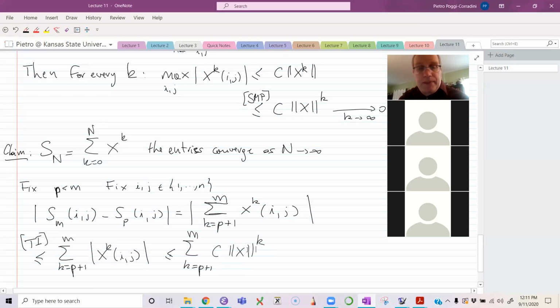But remember, our hypothesis is that the norm of x is strictly less than 1. This is a regular geometric series for real numbers, which we know converges because this is less than 1. And if a sequence converges, then it is Cauchy as well, right? So this means that this goes to 0.